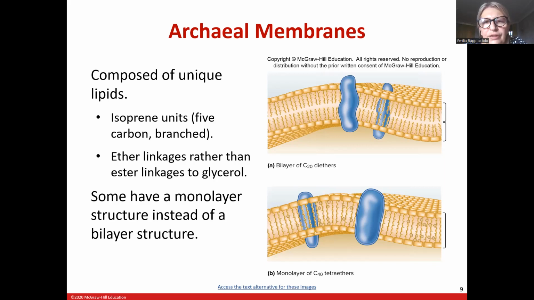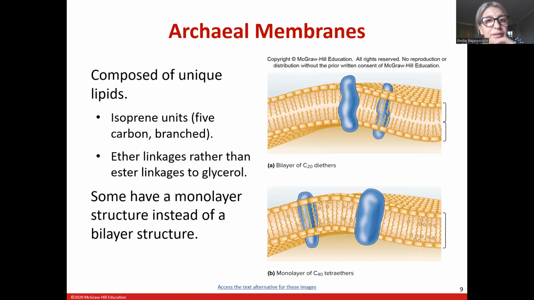But the lipids, the fats, which, if you remember, are formed by glycerol and fatty acids, when the glycerol binds with the fatty acid and there is the condensation reaction that removes a molecule of water, instead of forming an ester bond, archaeal fats are bound through an ether bond. And this is true for all the fats of archaea.